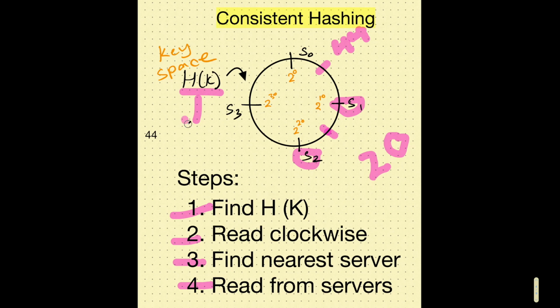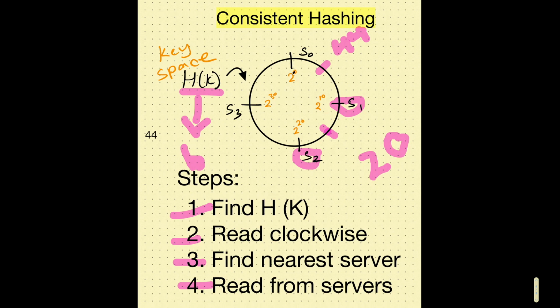Let's say the output is B. Then you look at the ring and look for where B is, because all these are numbers, right? We're starting from 2 to the 0, going to 10, 20, 30, and then back to 2 to the 0.